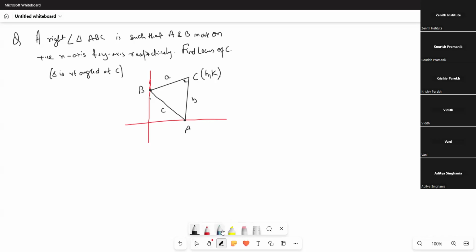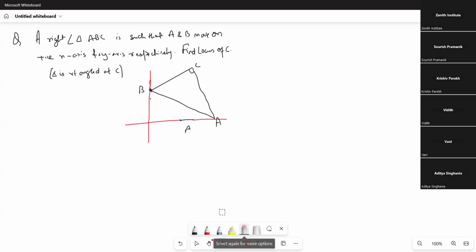If we draw the figure a little more properly, it must look more like this. C is h comma k.